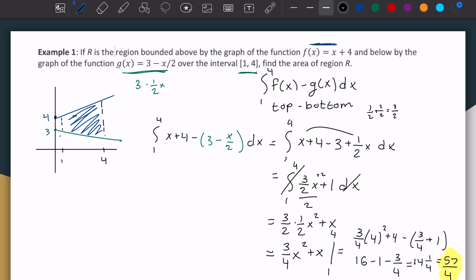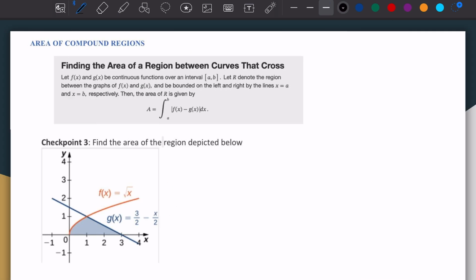So now to level it up a little bit, this is going to be the area of compound regions, which is essentially the area, it's still kind of the same, but it's going to be where the curves cross. Like we see down here in checkpoint 3, the curves are going to cross right at that point there, right here at x is 1.